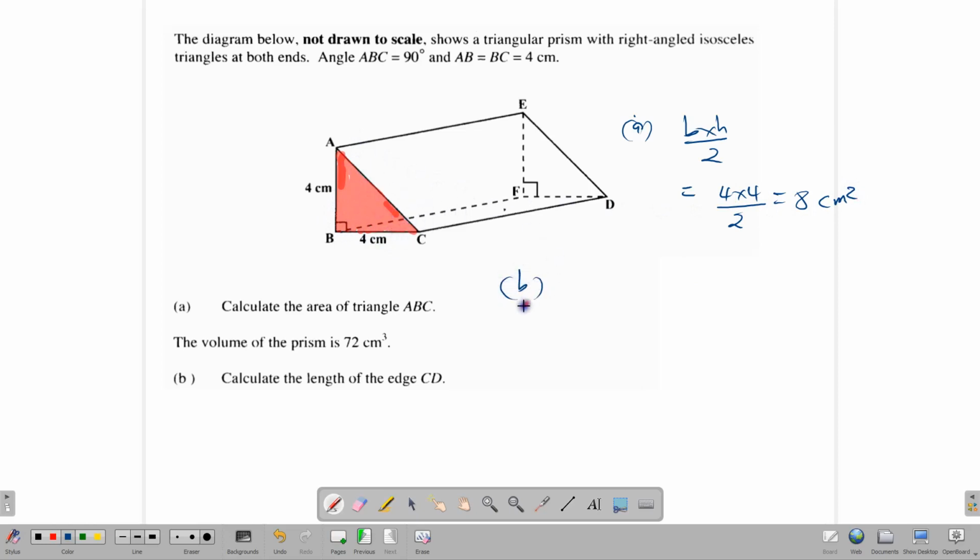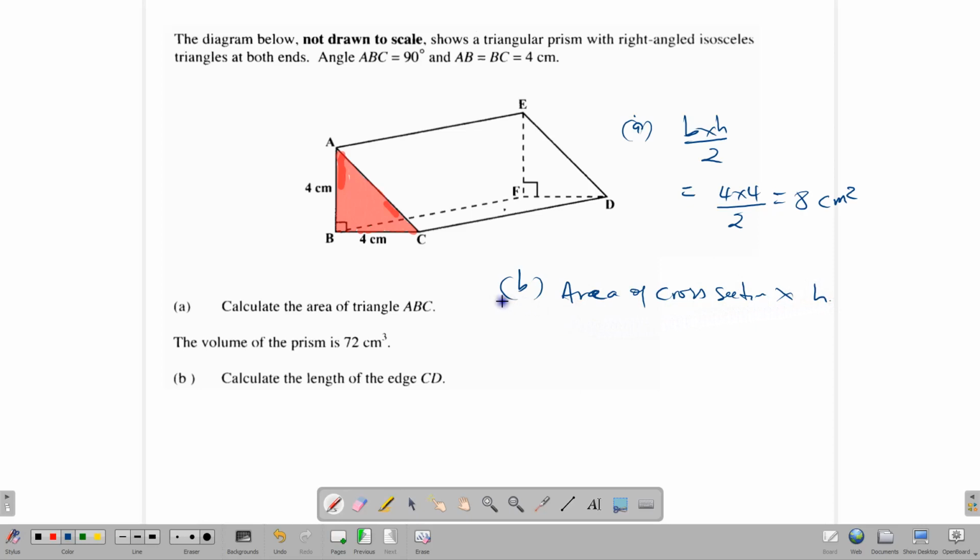Part B now is asking us to calculate the length of the edge CD. So the question tells us that the volume of the prism is 72. Remember again, the volume is equal to area of cross section times the height or length.